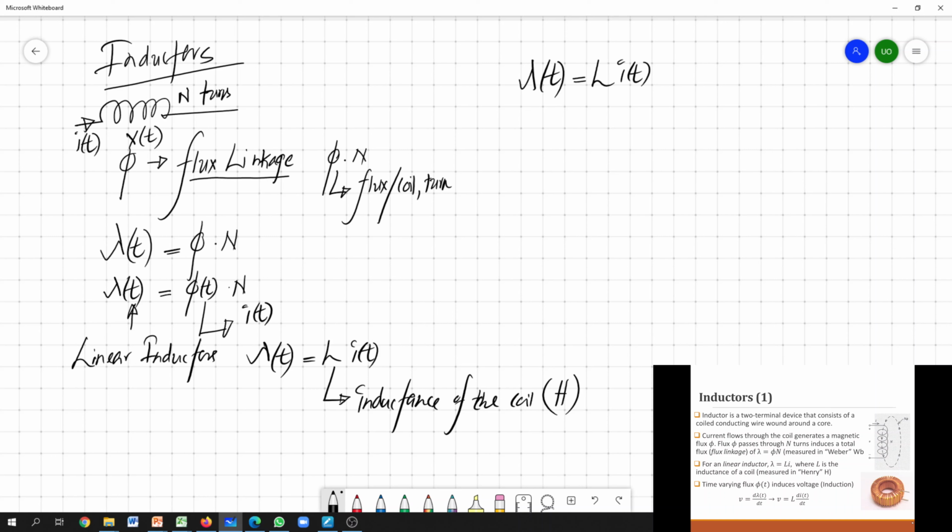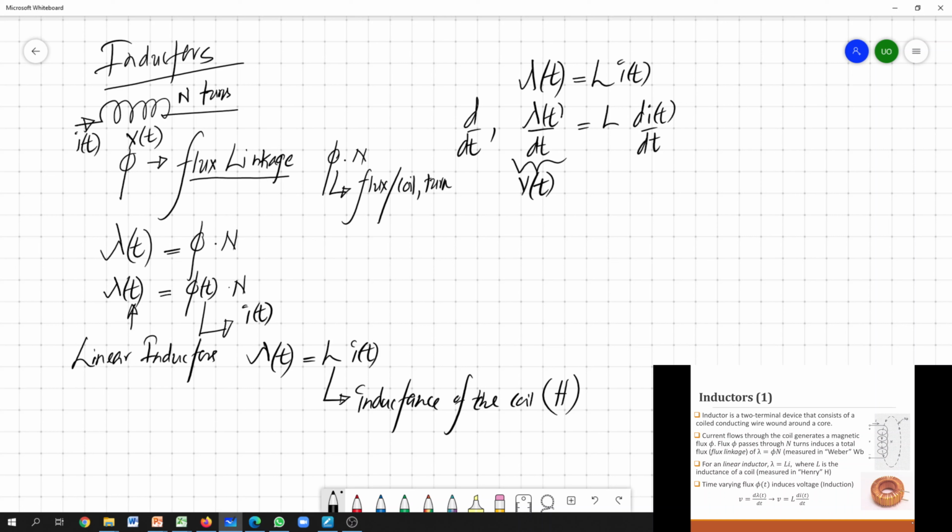If we differentiate both sides with respect to time, we have d lambda of t over dt equals L di of t over dt. Due to this flux change, there is an induced voltage across the inductor.